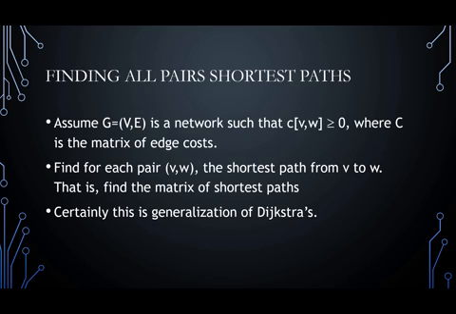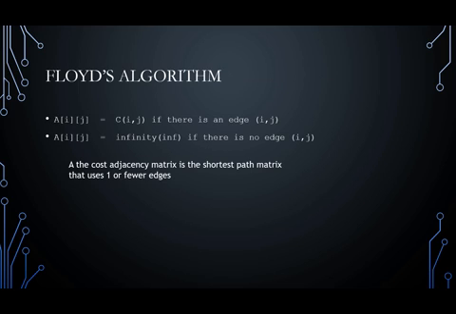Between all the pairs, for all the elements in the matrix, we are supposed to find the shortest path. So obviously this is a generalization of Dijkstra's algorithm. In Dijkstra's algorithm, from one source to all other destinations we were finding the shortest path, but now we are finding the shortest path from all sources to all destinations.